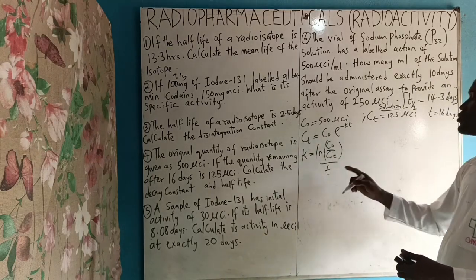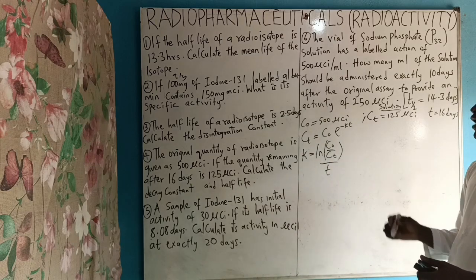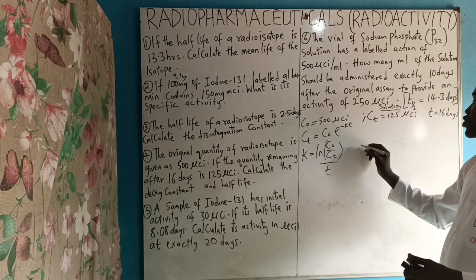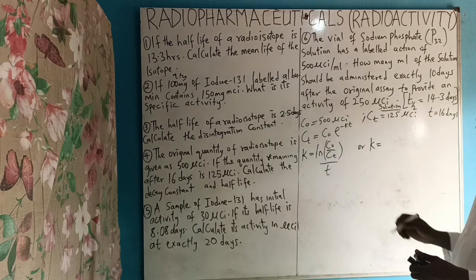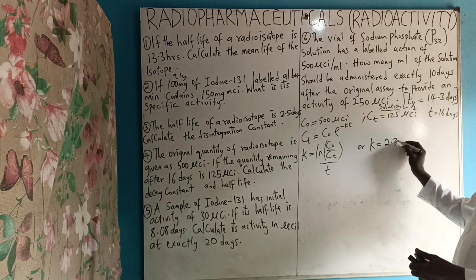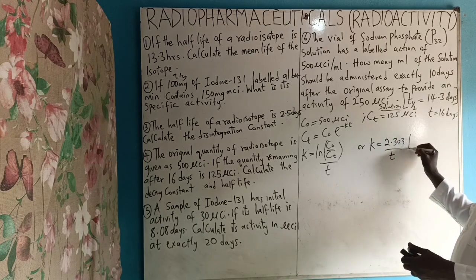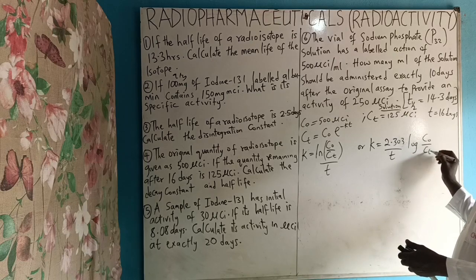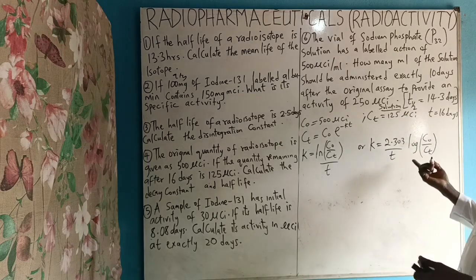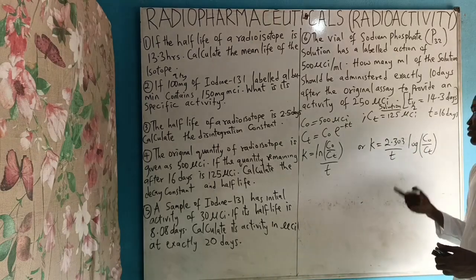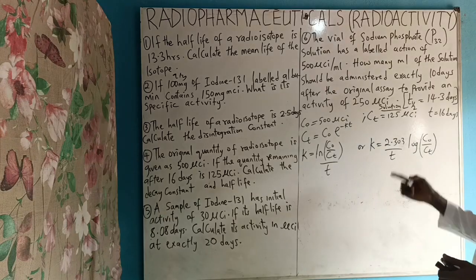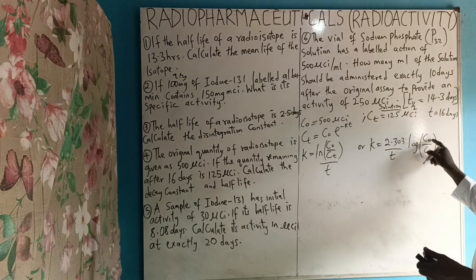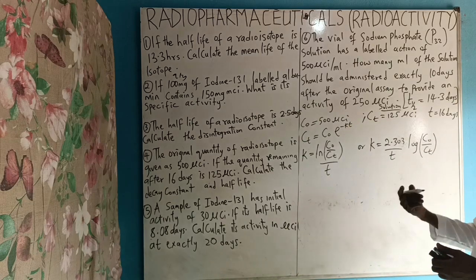One can also say that K is equal to 2.303 all over time, log C0 over Ct. This tells you that 2.303 log is equivalent to ln. So they are the same thing.